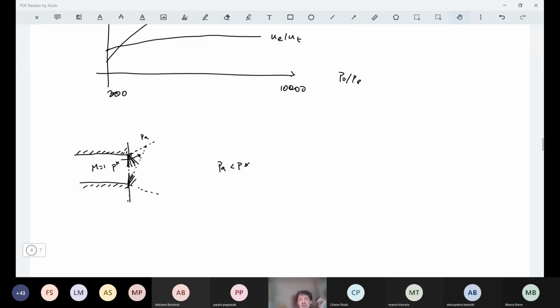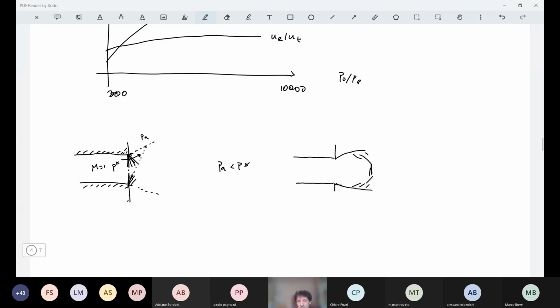So what happens here is that actually we don't have just this diverging flow, but it starts diverging, then it turns back. It is a supersonic flow, so compression will generate a shock that forms a Mach disk.